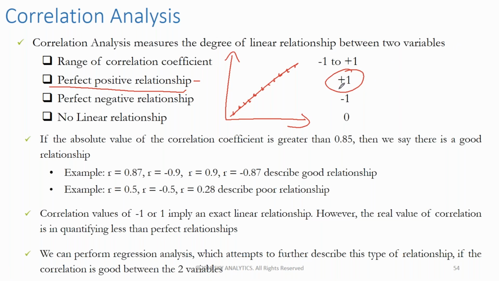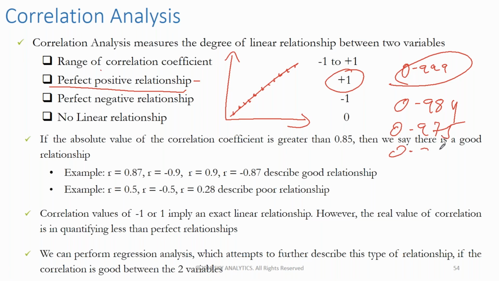Even you might get 0.989, or 0.975, or sometimes 0.995. But getting +1 is slightly rare, because all the data points should exactly lie on the straight line. Then it is called perfect positive relationship.